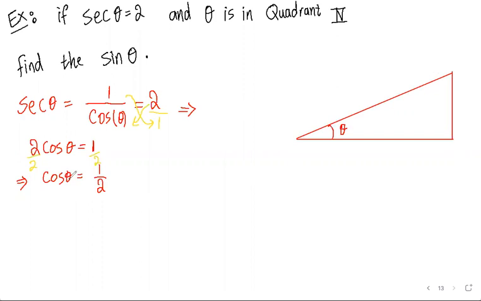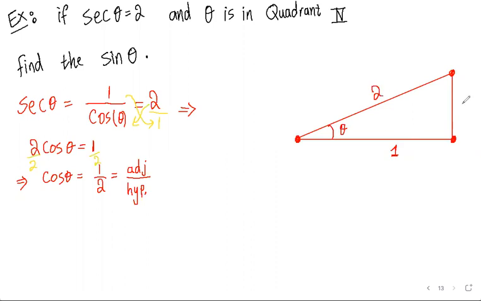I have the cosine of theta is 1/2, which is adjacent over hypotenuse. So this is equal to 1 from here to here, and from here to here is 2.